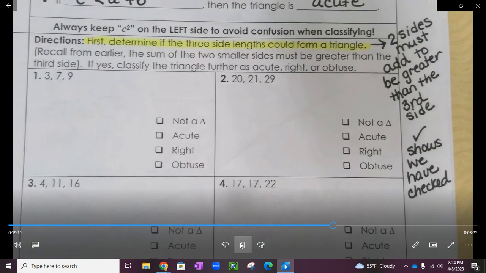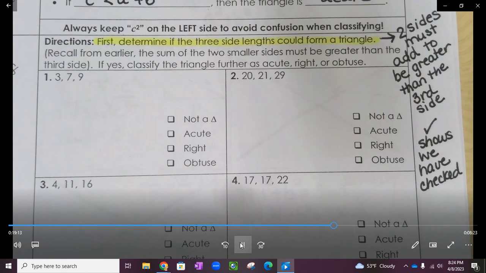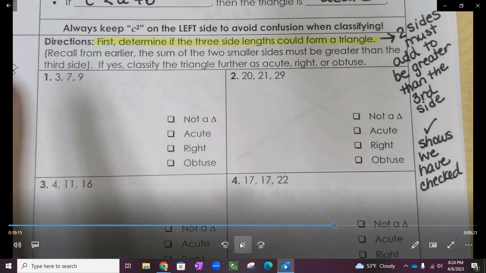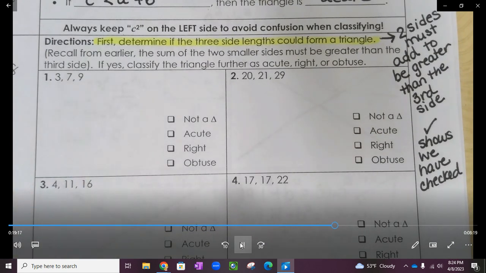This section says, determine if these three sides can actually form a triangle. Do you know that I could give you some made up sides and they actually can't form a triangle? If I gave you segments of 1 inch, 1 inch and 12 inches, that would not be able to be pieced together to make a triangle.